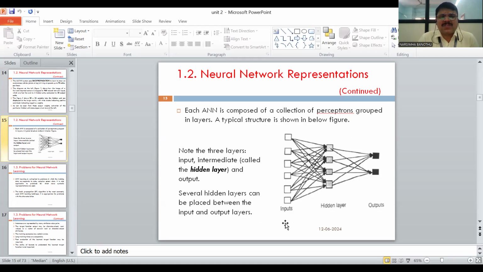A typical structure is shown below in the figure. You can note that there are 3 layers. How many layers are there? 1, 2, 3 layers: the input layer, hidden layer, and then output layer, right? The intermediate layer is nothing but the hidden layer, and the output layer comes after. Several hidden layers can be placed between the input and output layers.